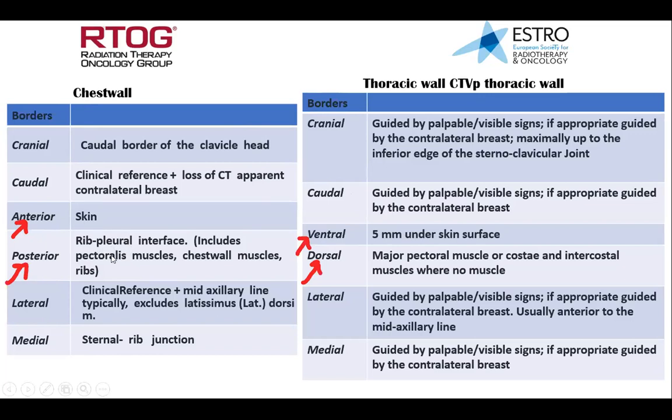That means we have included the pectoral muscles, the chest wall and the ribs, unlike in the breast. But ESTRO follows the same as they have used for the breast CTV: they don't include the pectoral muscles, the chest wall muscles, or the ribs. This is the major difference between these two groups.